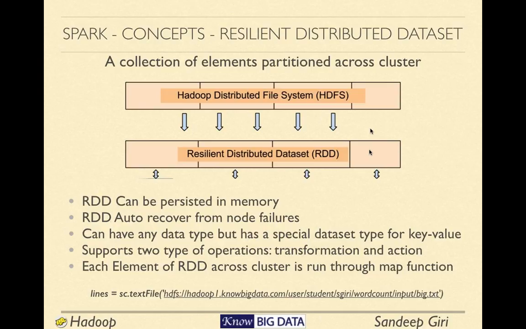The core concept behind Spark is something called resilient distributed dataset. Just like we have HDFS, Spark creates one more layer of the data, which is called resilient distributed dataset. So whatever file we want to operate upon.